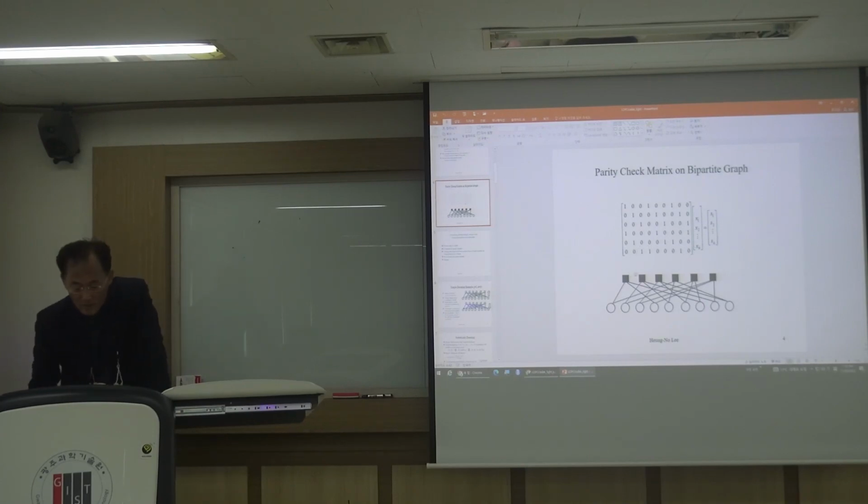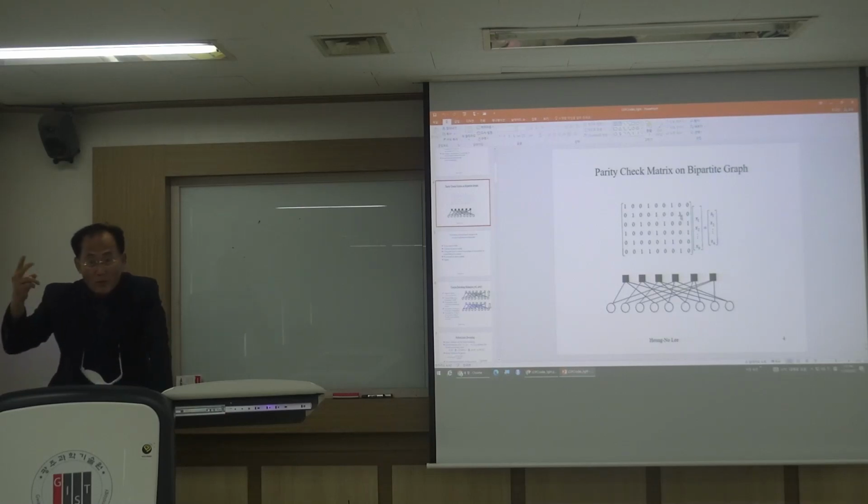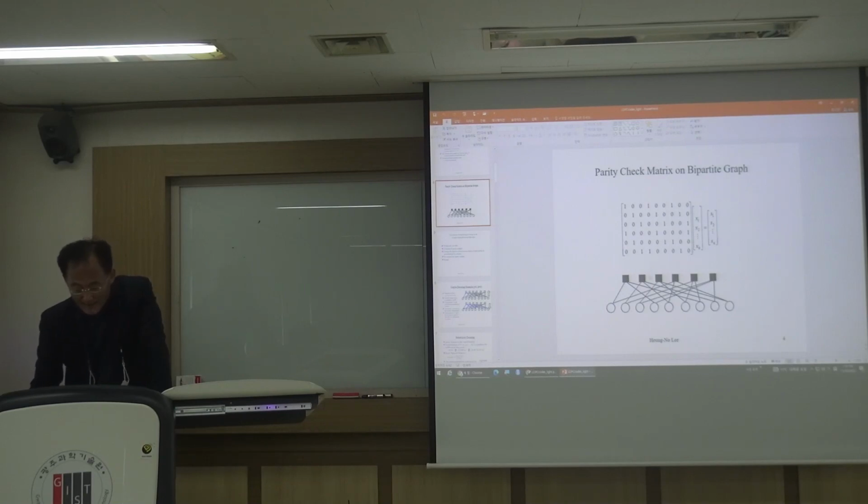Okay? The second relation is coming from the second row. So the second equation says x2, x5, x8 has to be equal to 0. That's what that condition says. So you can draw a bipartite graph using this matrix vector relation.